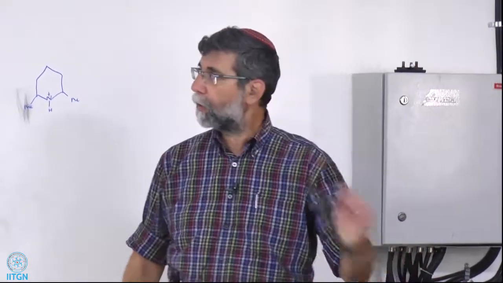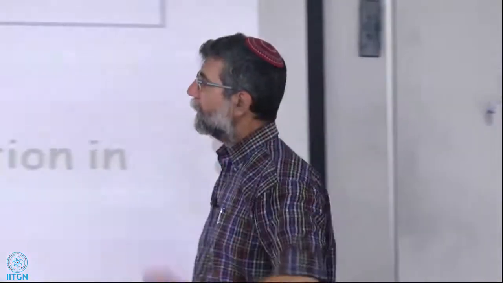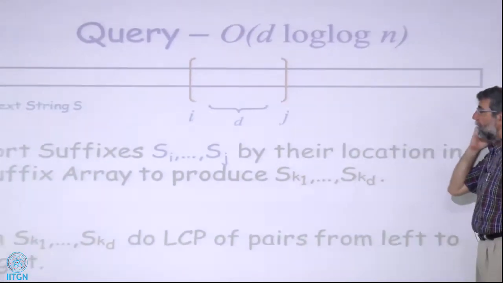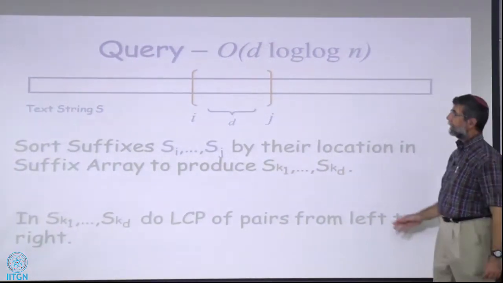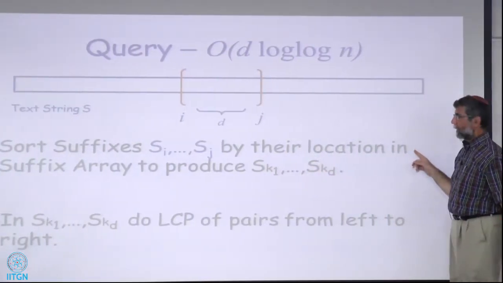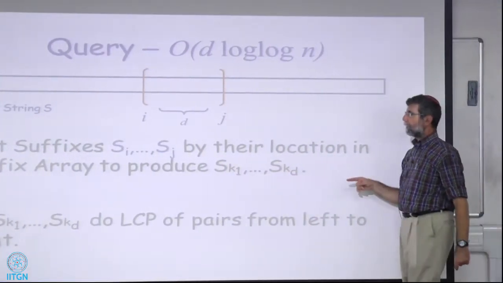So at that point, when we have our query, all we need to do is grab the D suffixes, S_i through S_j, and look at their locations in the suffix array.